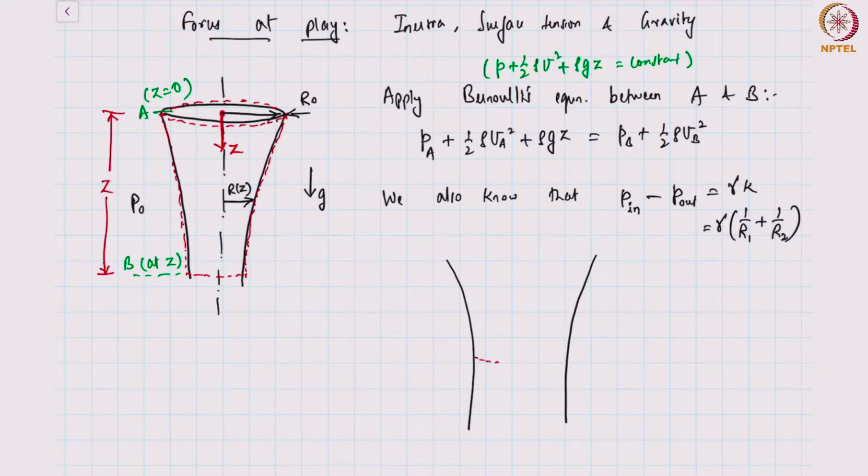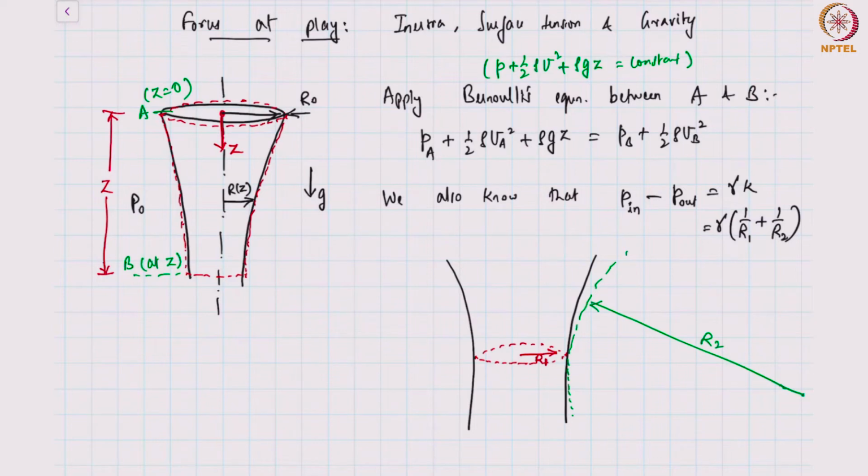There's one radius of curvature which is inside the jet, inside the liquid. We'll call this R1. There is another one which is taken outside. This we'll say is R2.